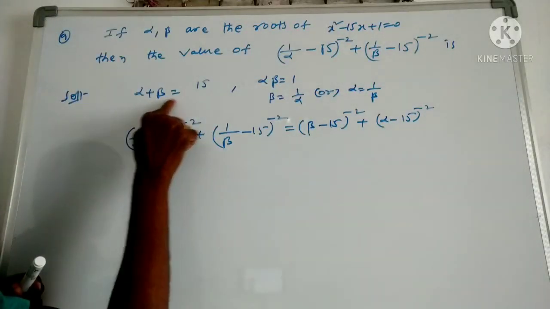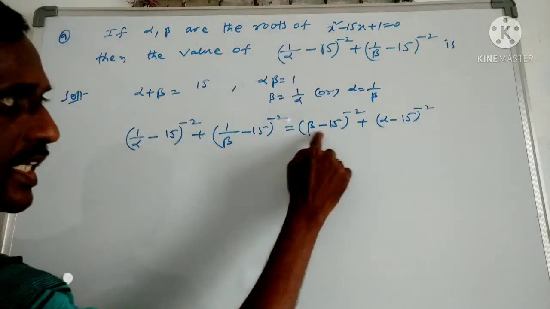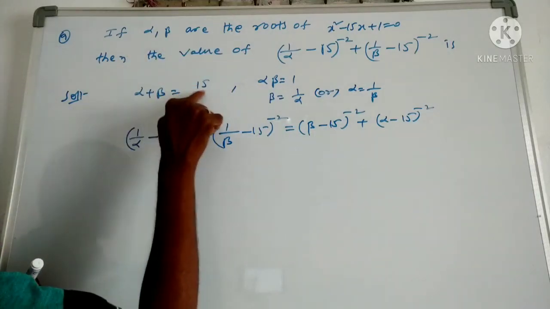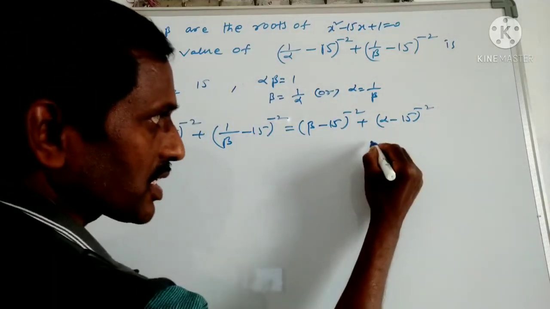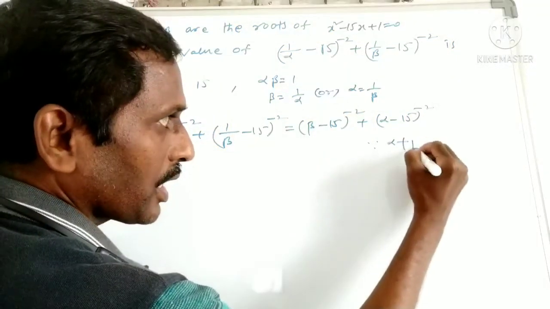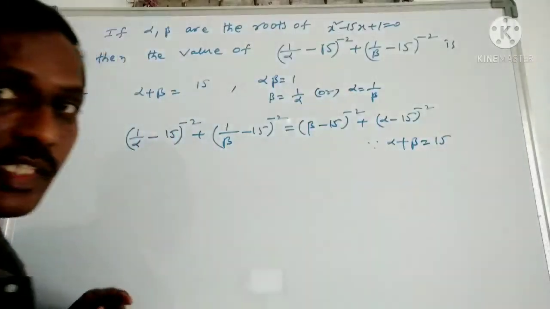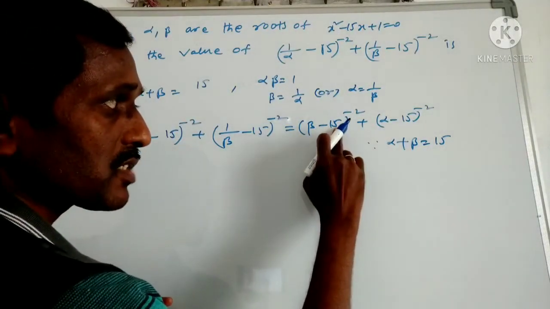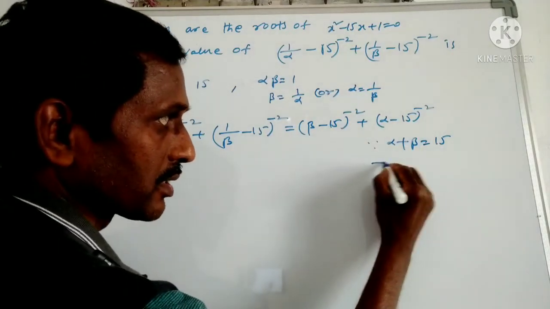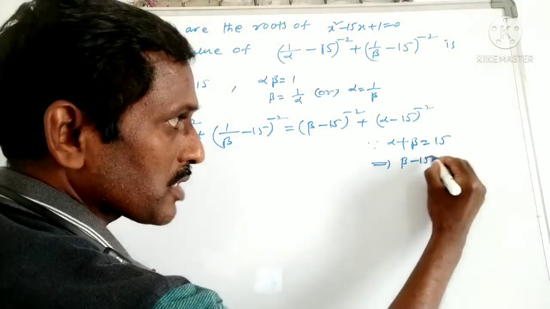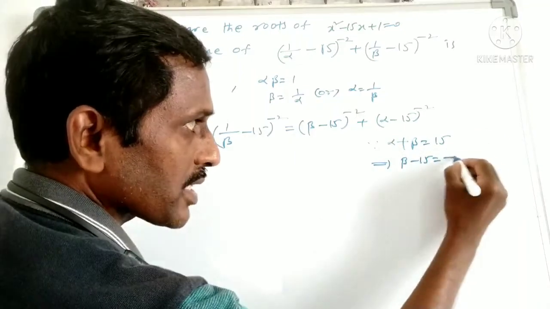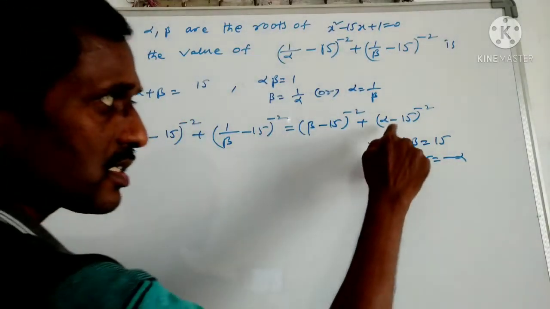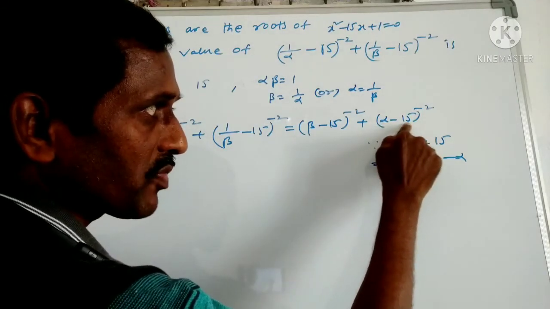Now, the sum of the roots we have is 15. Beta minus 15 means alpha taken to the other side. Since alpha plus beta is the value 15, what we require here is beta minus 15, nothing but 15 taken this side. Beta minus 15, alpha taken to the other side with the value minus alpha. Otherwise, from this, alpha minus 15 we require.